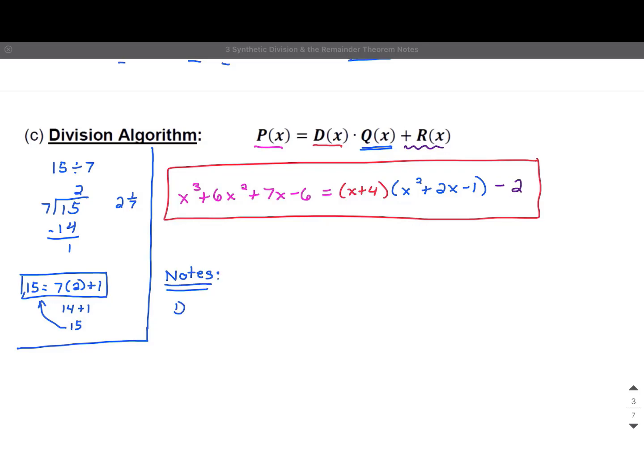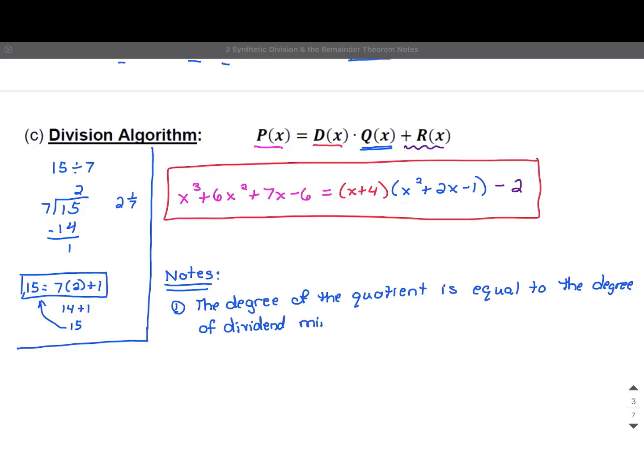Number 1, the degree of the quotient, and this part doesn't matter whether it's synthetic division or long division, is equal to the degree of the dividend minus the degree of the divisor.